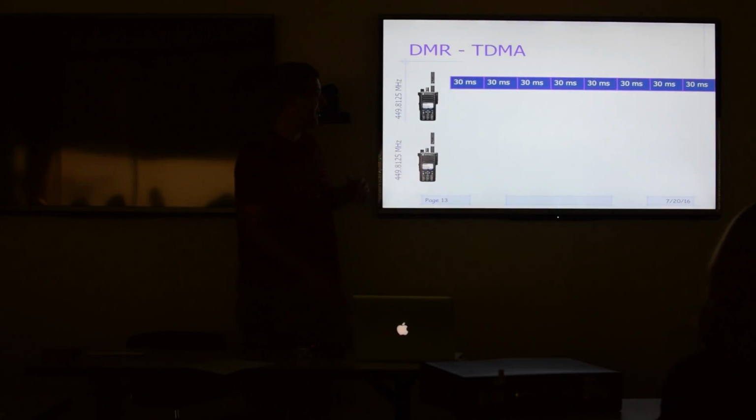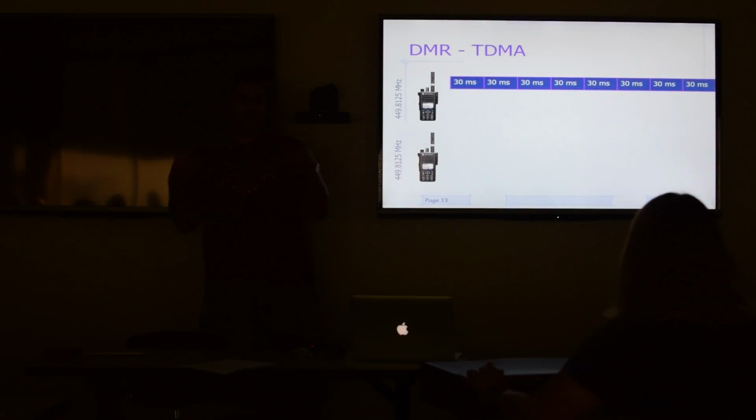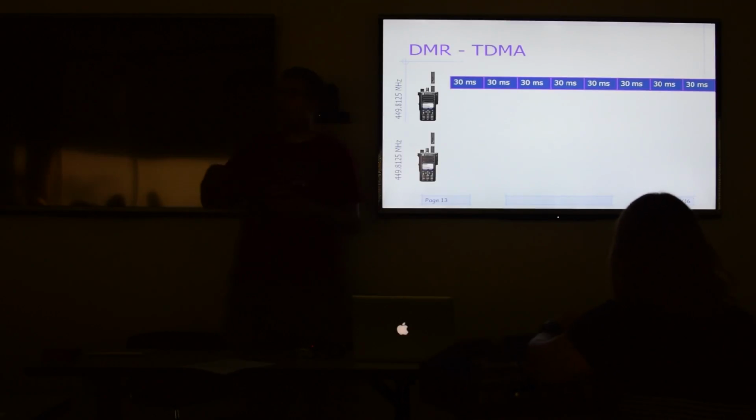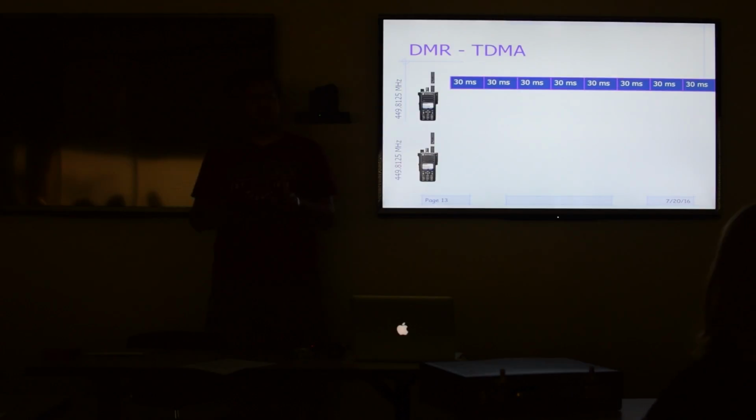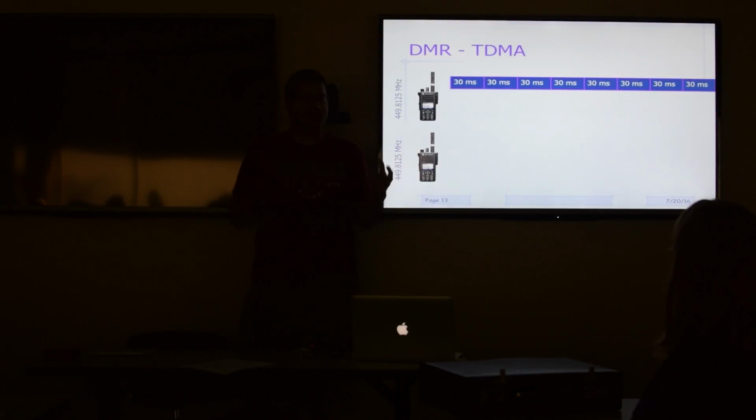So the way TDMA works is essentially we've made a whole bunch of 30 millisecond time chunks. We're going to transmit for about 27 and a half of those milliseconds and then use the other time for synchronization due to the speed of light. You can only get about 50 miles of range out of a DMR repeater because of the speed of light.